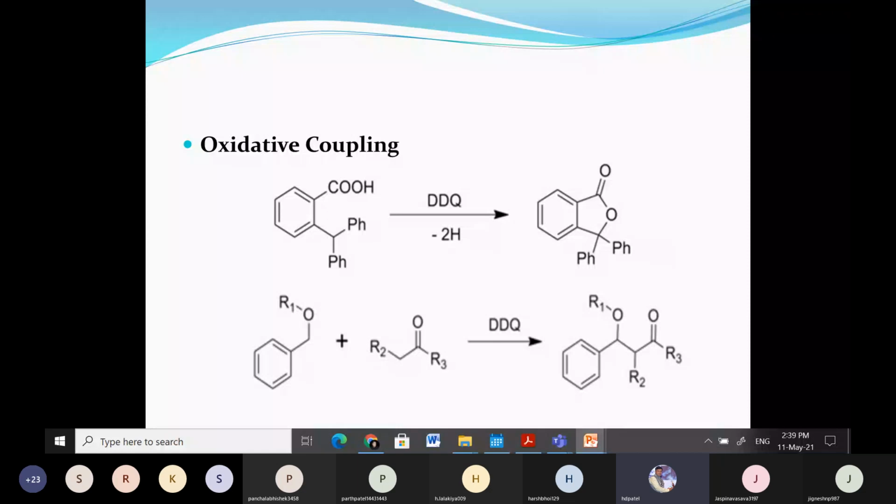DDQ is known as a powerful dehydrogenating agent, and with the support of DDQ we can carry out reaction on aliphatic cyclic compound, where we can generate unsaturation. Unsaturation means we can introduce a double bond between two carbons by removal of hydrogen, that is H2.